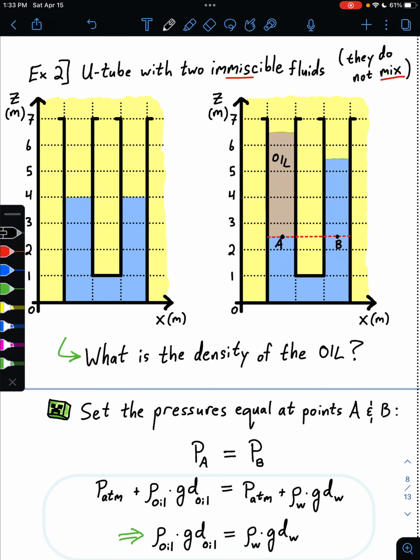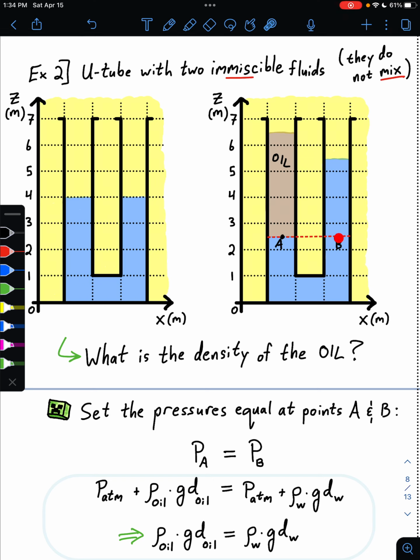All set? All right, here's how we do it. What we'll say is that the pressure here at point A can be found by taking the pressure of the gas up above, the atmospheric pressure, plus a rho g d term for this 4-meter deep column of oil. So that's the atmospheric pressure plus the density of the oil times g times the 4-meter depth of that oil column.